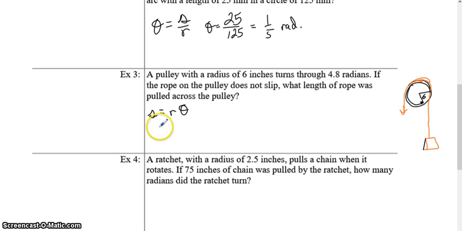That's all that it really is. Because that rope is wrapped around the arc of that circle as we go around it. So that's just 6 times 4.8, or 28.8 inches.